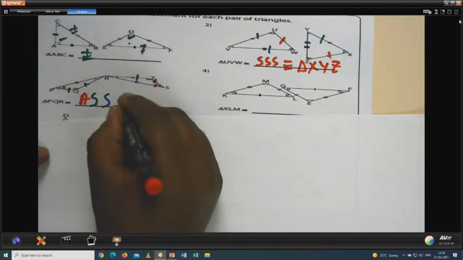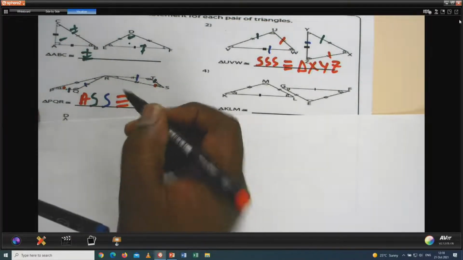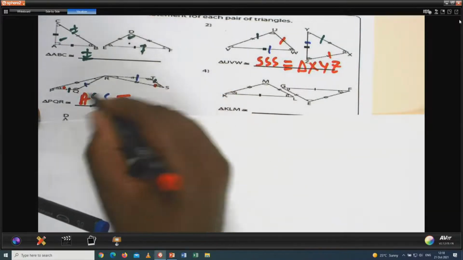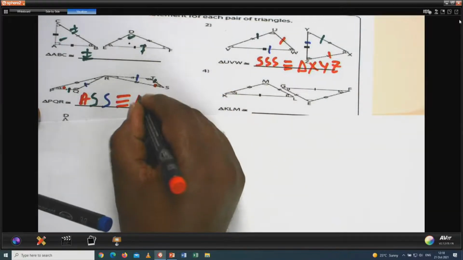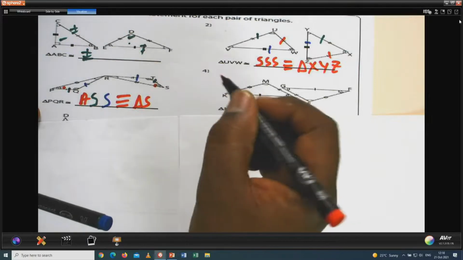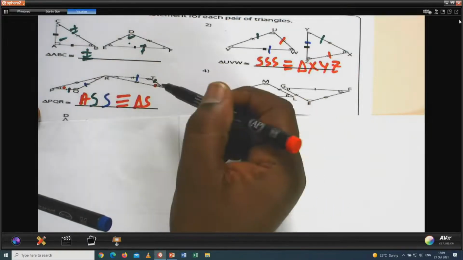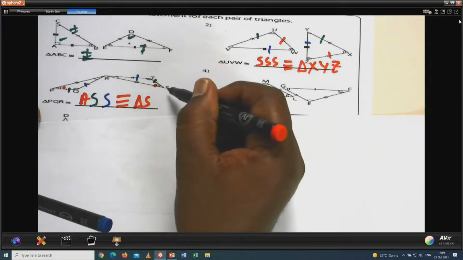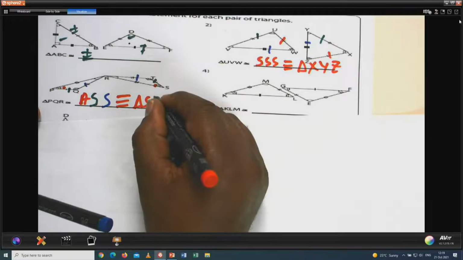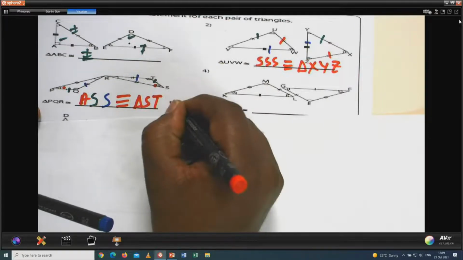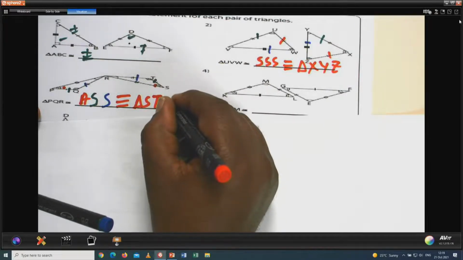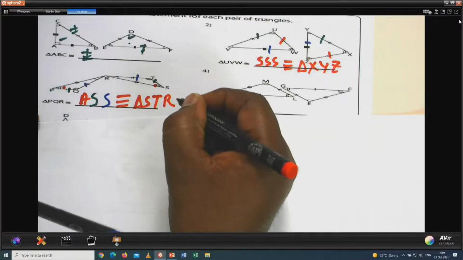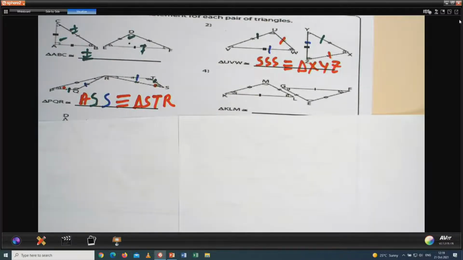PQR. Remember the corresponding P, in this particular case, is angle S. And then let's see where is Q. S, and then green side and angle. And then angle ST, side angle T, and angle R. So that order is very, very important.